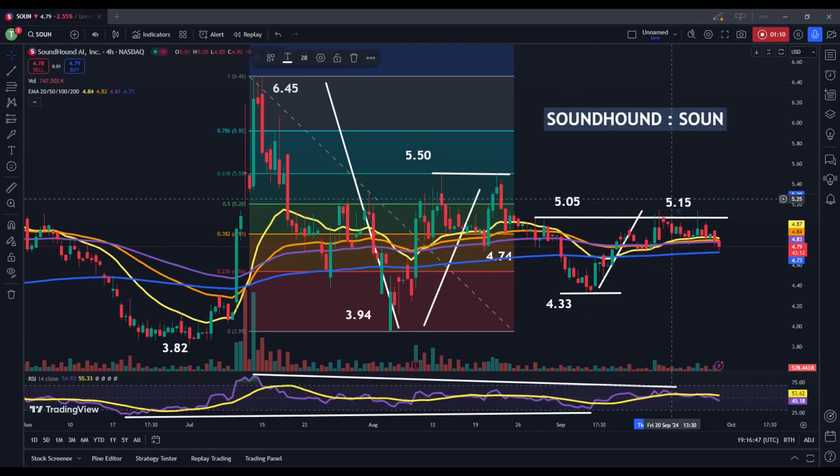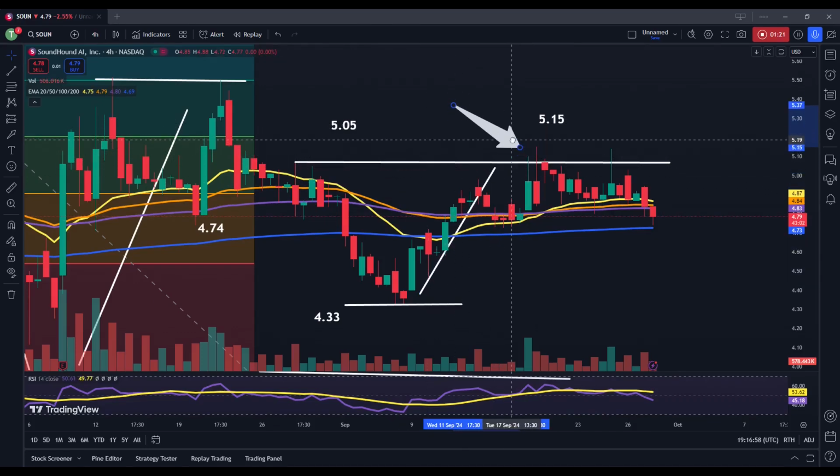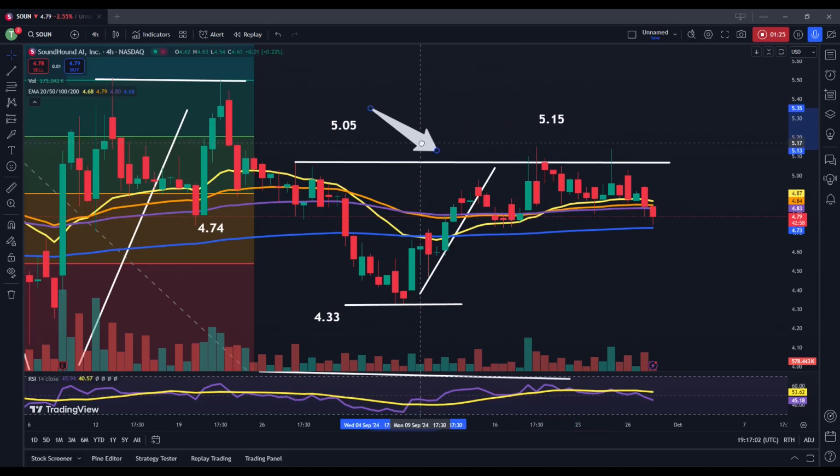We have seen some instances where share prices have managed to pop above here a bit, but we really haven't seen anything on a closing basis that has managed to rise above this level. So essentially, all of these trading wicks show evidence that share prices are starting to run into some resistance right near this level.